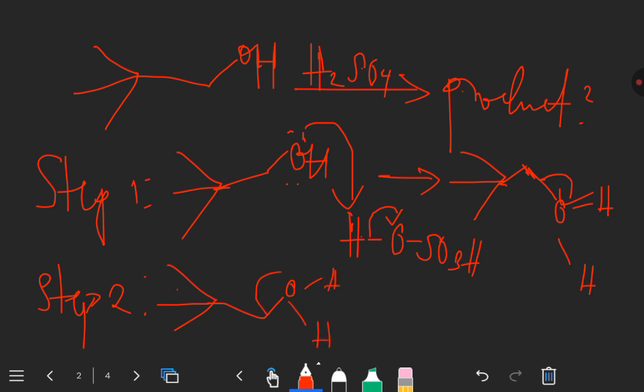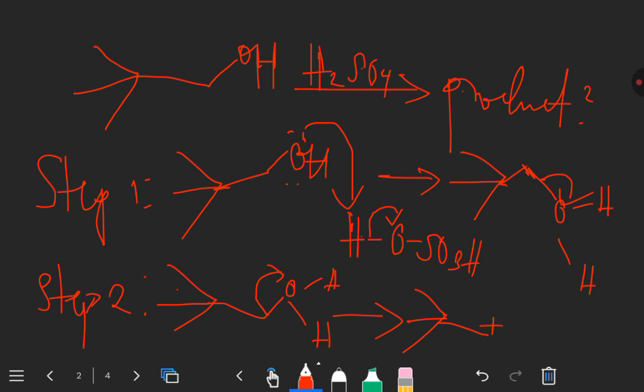This water is going to leave, forming a carbocation at this point.